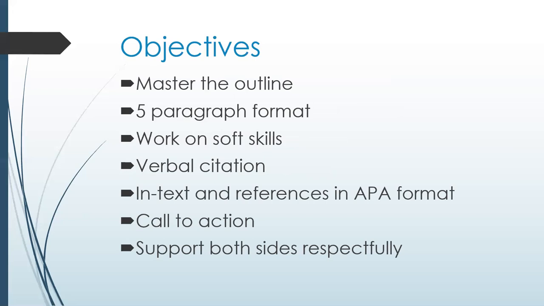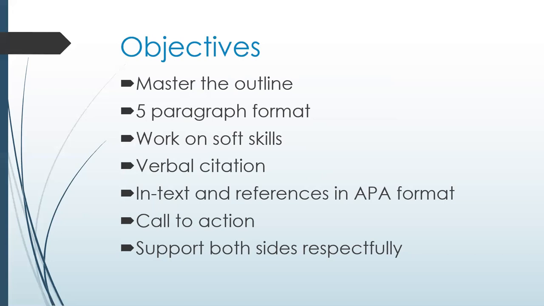So we want you to master the outline. We've worked on the outline when we worked on the special occasion speech, so we want you to continue to work on mastering the outline. The 5-paragraph format, so just the introduction, three main ideas, conclusion. Continue to work on soft skills. In this case, we are going to be using verbal citations.